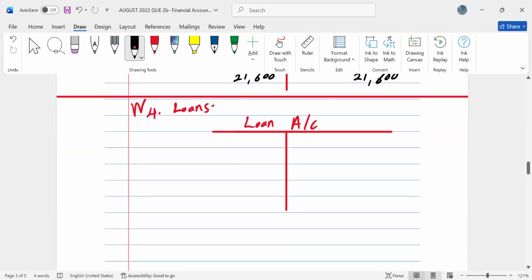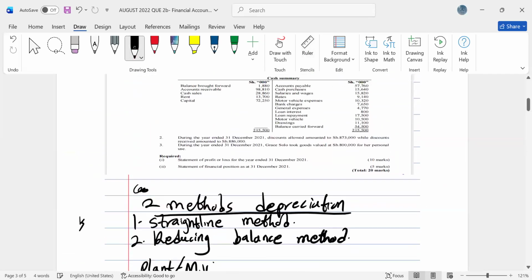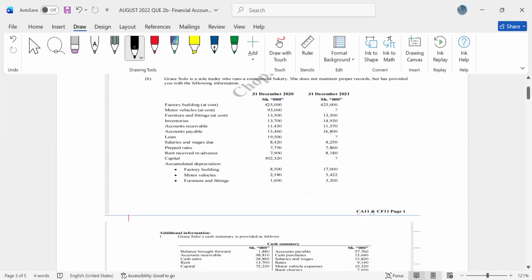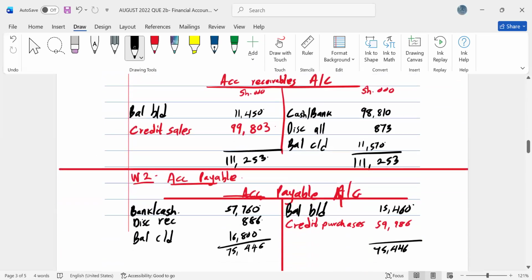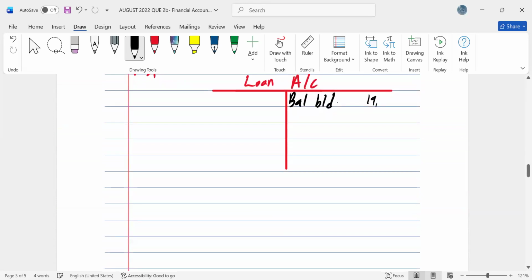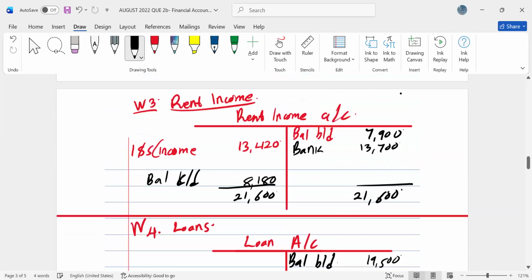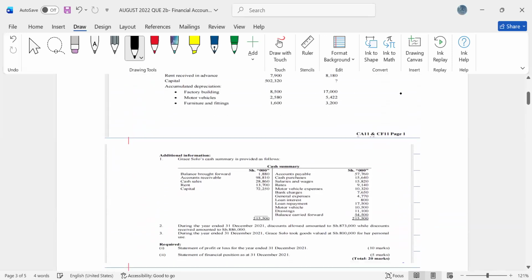According to the statement, the one for 2020 is our balance brought down, which was 19,500. So they had a debt of 19,500. Then if you go to our cash book, there's an amount on the credit side attached to loan.